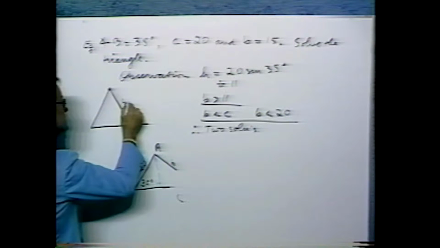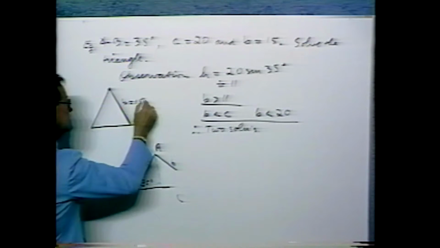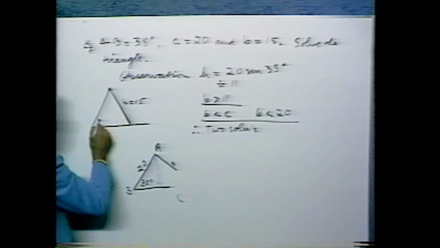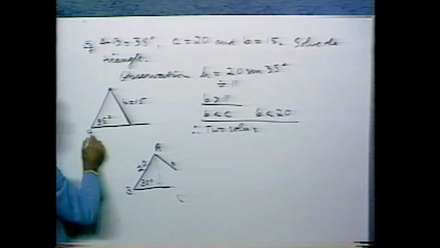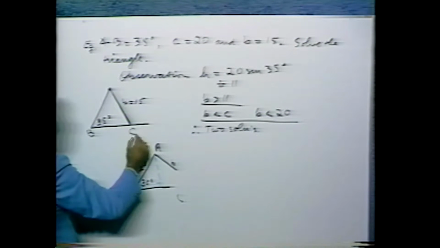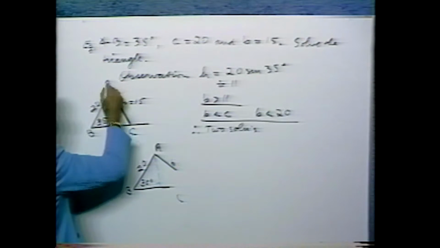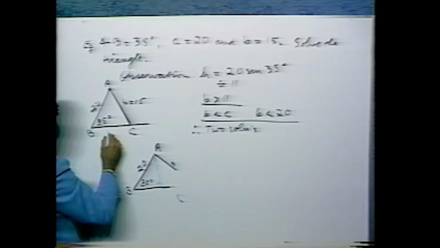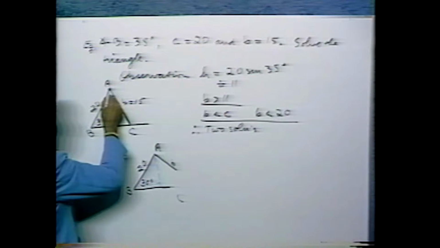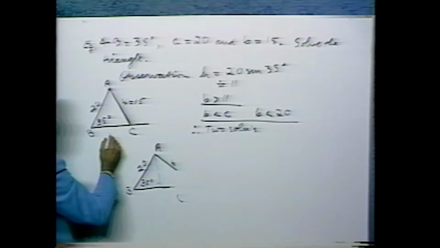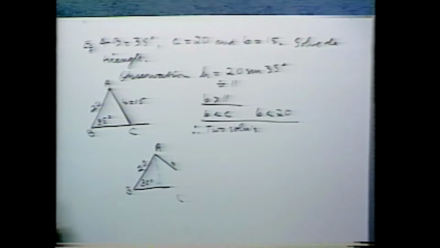That makes b equal to 15. B is equal to 35 degrees. C is equal to 20. Here we have the vertex A, and we need to know what capital A, capital C, and small a equal.